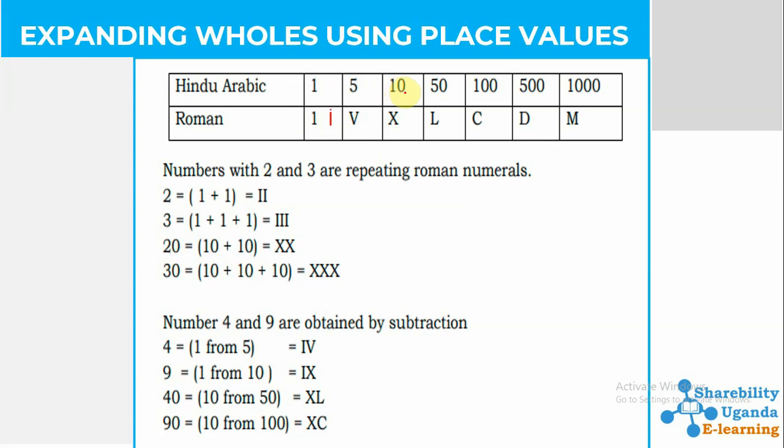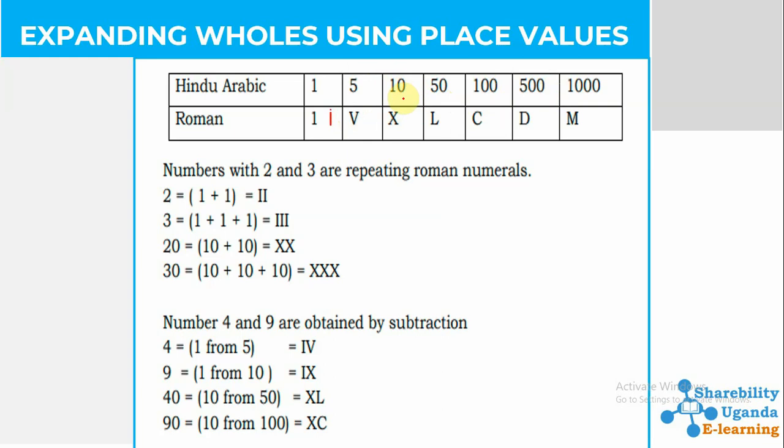then 5 to 10, 10 to 50, 100, 500, then 1,000. So in simple terms, they are telling us that if you want to write our 5, our 5 is V in Roman numerals.